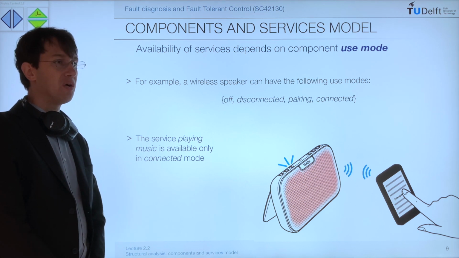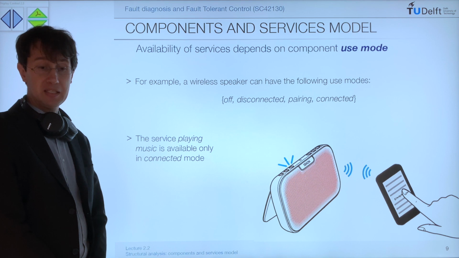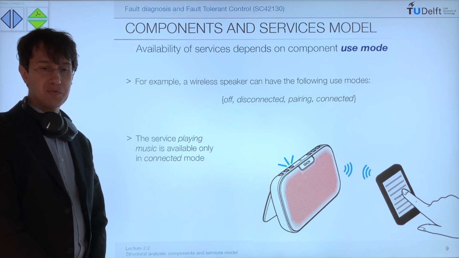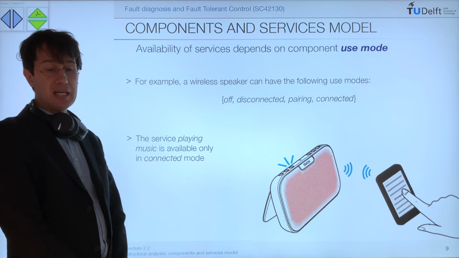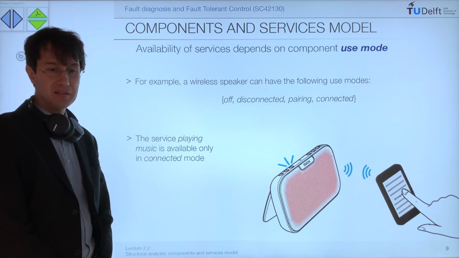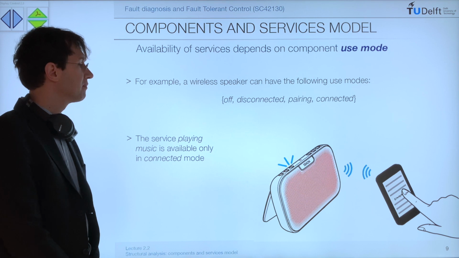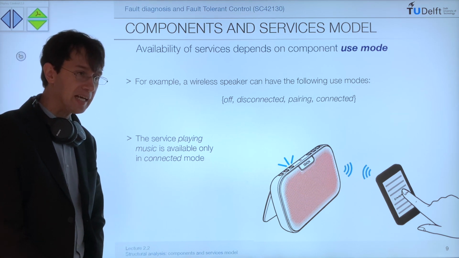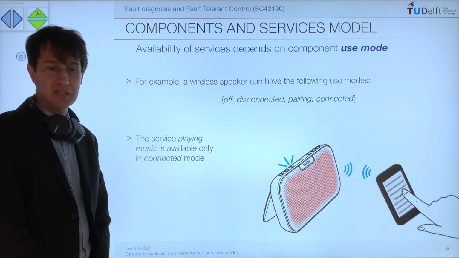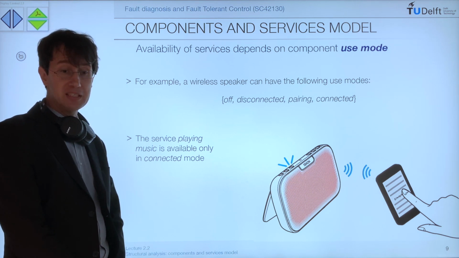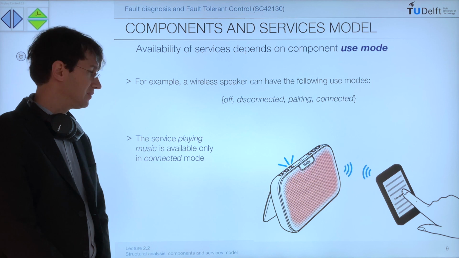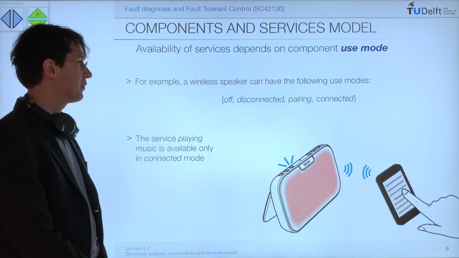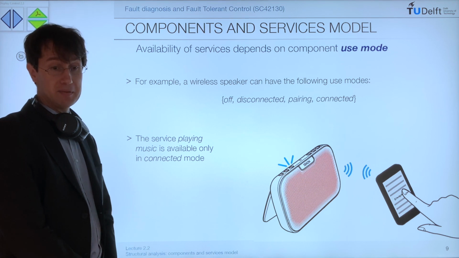In the case of the digital multimeter, there is a one-to-one relation between the modality you select with the dial and the service provided. In the case of other components, the use mode can depend on some behavior that is encoded in the component. To understand this, we can introduce this example, the one of the wireless speaker.